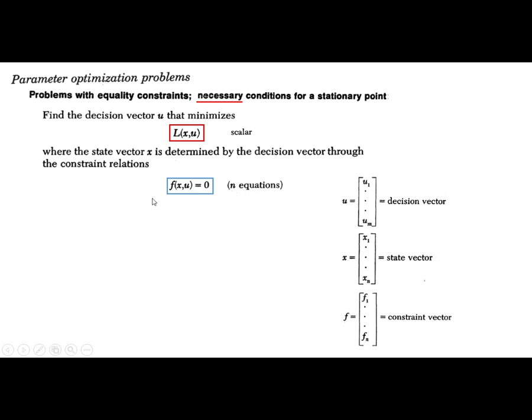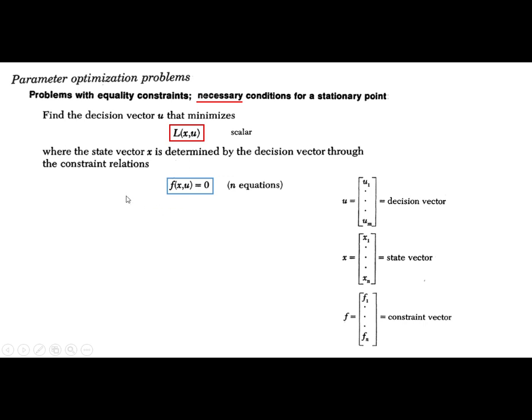For the given parameter optimization problem, the choice of which parameters to be the decision parameters is not unique. However, this choice must be done such that the decision variables u should determine the state variables x through the given constraint functions.